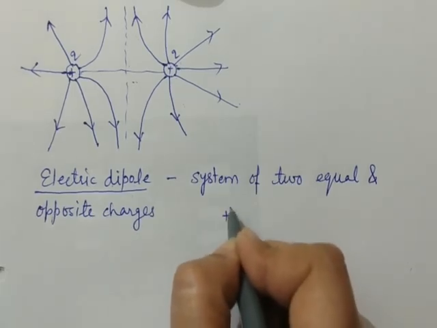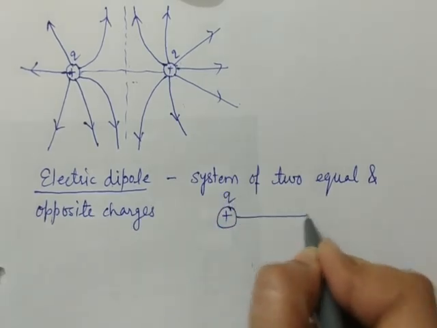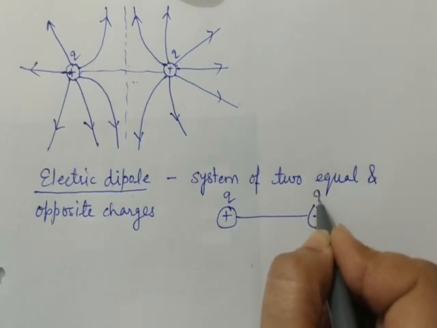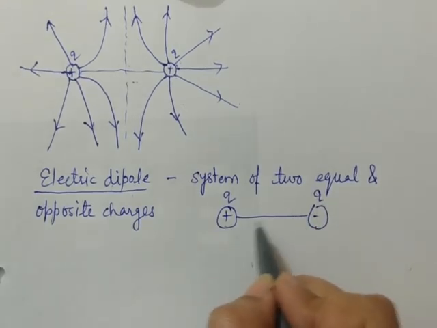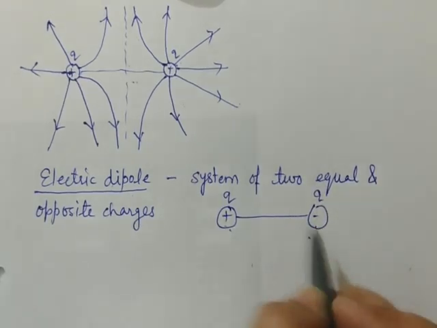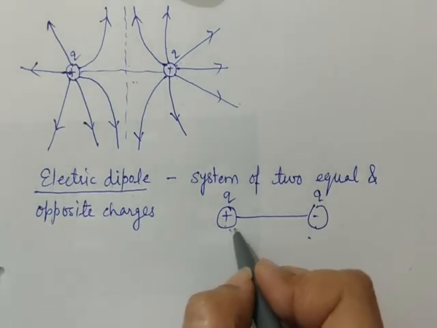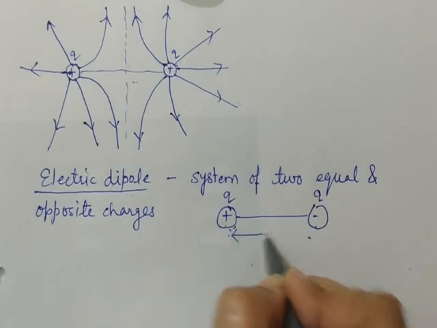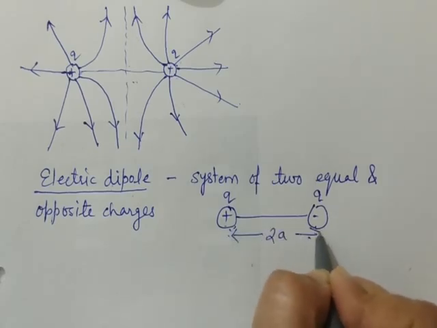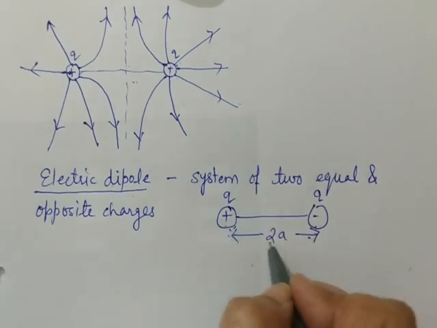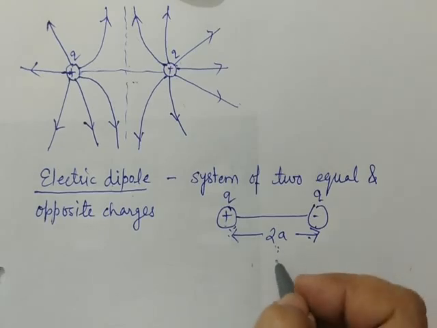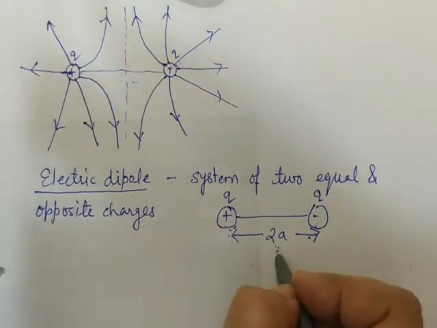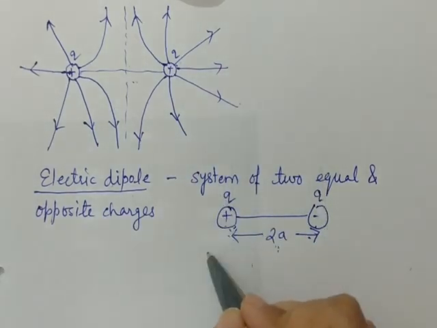If we have plus Q charge and minus Q charge, and they are kept at some distance from each other, fixed at some distance from each other, that system is called an electric dipole. The distance between them is generally taken as 2a because this simplifies the calculations regarding the electric dipole. So we take it 2a. This is called an electric dipole.